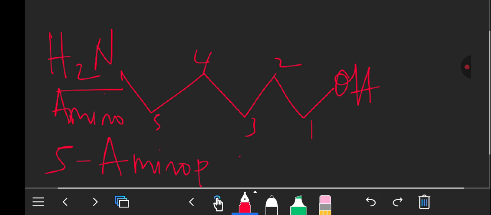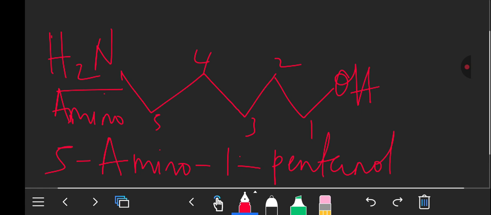For this one I'll indicate the position of the OH, the alcohol, because this alcohol can even be here. So I need to indicate that it is at position number 1. So I'll put 5-amino-1-pentanol. That's an alcohol, so it must end with the OL. So this is the name of this compound, 5-amino-1-pentanol.